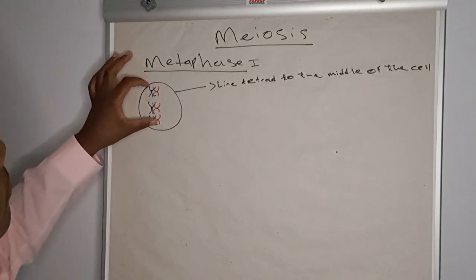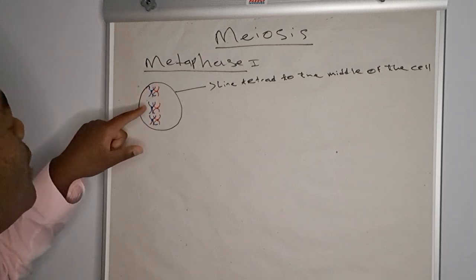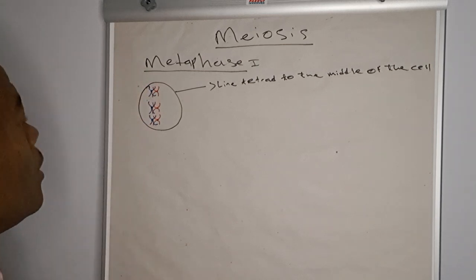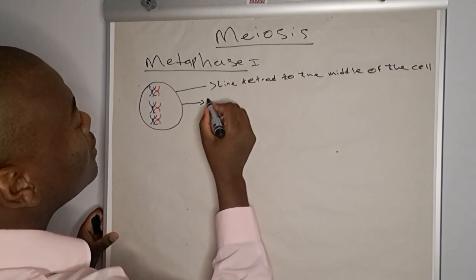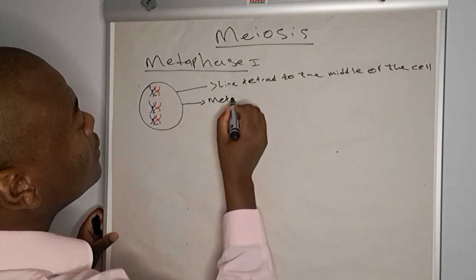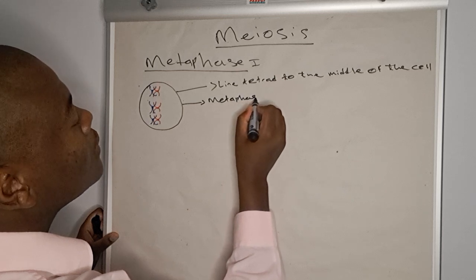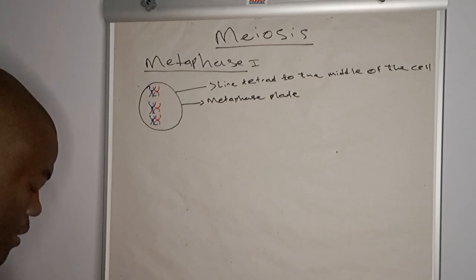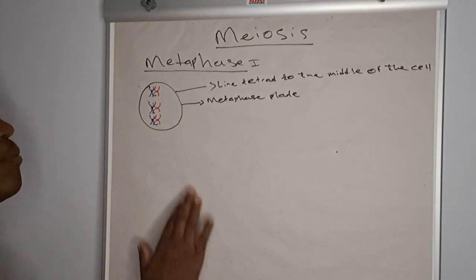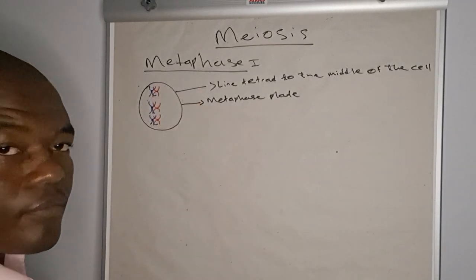We know that this must take this to what we call a metaphase plate. This process, we just call it metaphase plate. This is all that is going to be taking place here.